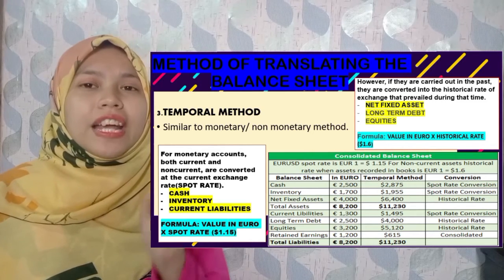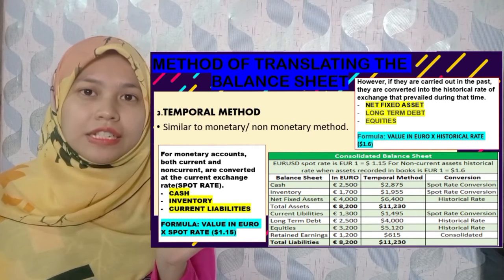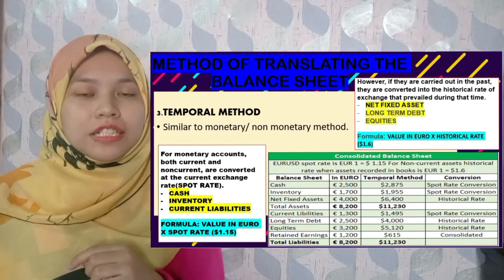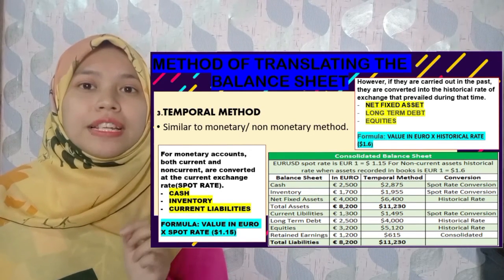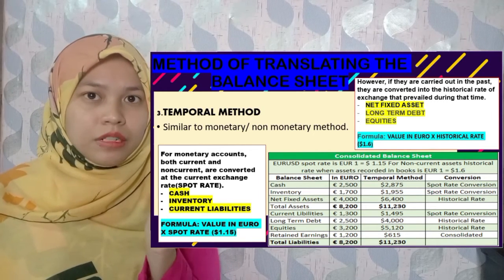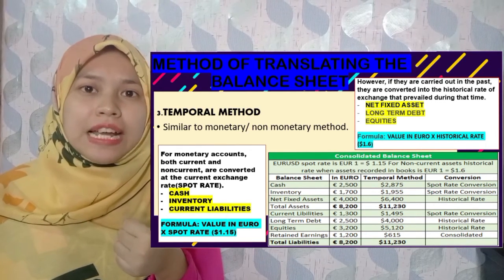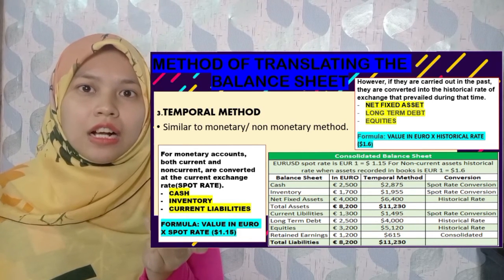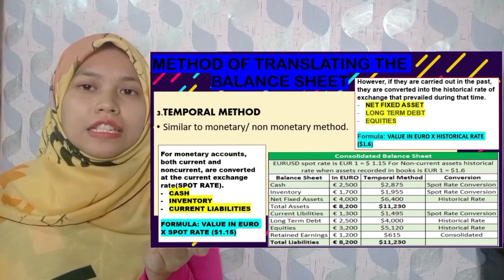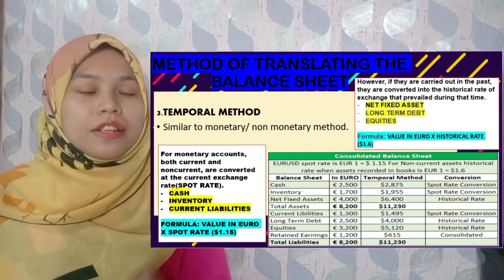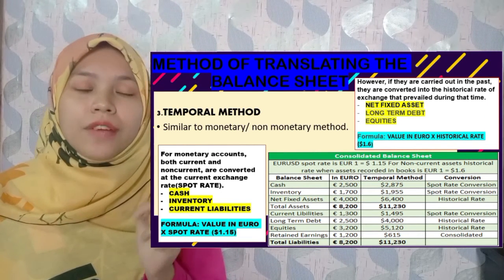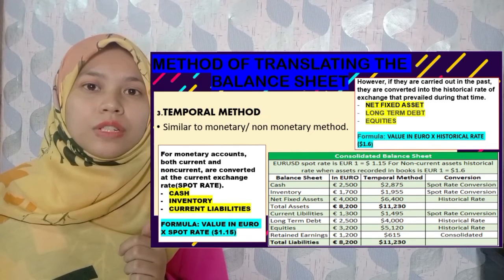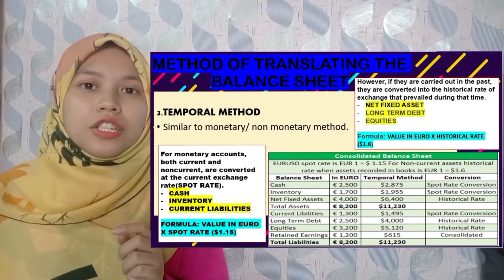However, if they were carried out in the past, they are converted at the historical rate of exchange that prevailed during that time. In the table, net fixed assets, long-term debt, and equities are converted at the historical rate, and the formula is value in euro times the historical rate, which is 1.6 USD.